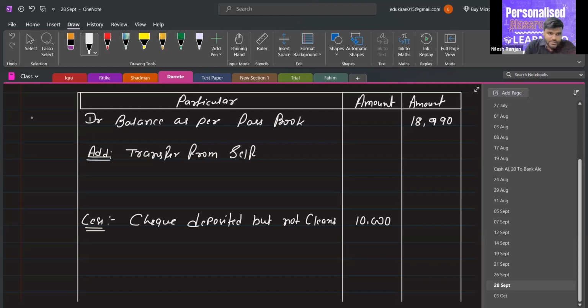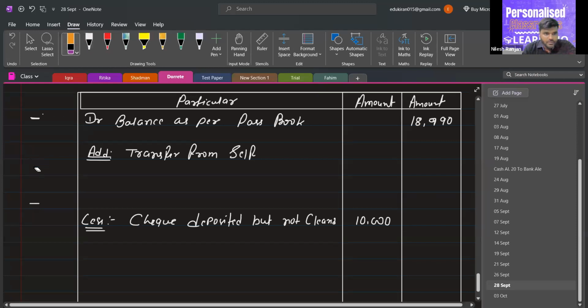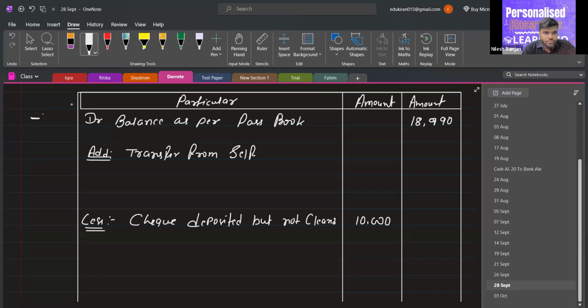Let's say the balance is negative. Now, if we have to add anything, then due to this combination, it will become minus. And if we have to minus something, then due to these two combinations, it will become plus. Okay, sir.